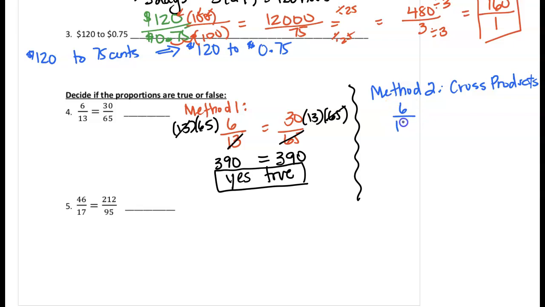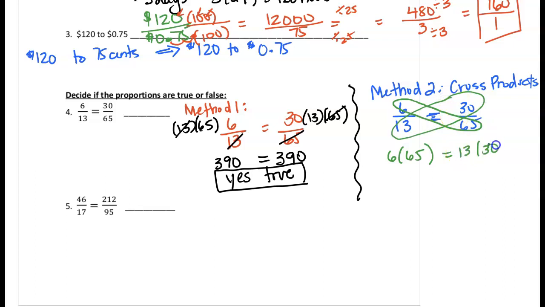So when we have a fraction equal to a fraction, no other extra terms or adding and subtracting going on, then it will actually give us the same answer if we multiply along the diagonal, 6 times 65, and then the other diagonal over the equal sign, 13 times 30. 6 times 65 gave us 390, and 13 times 30 also gave us 390. So yes, this is a true proportion.